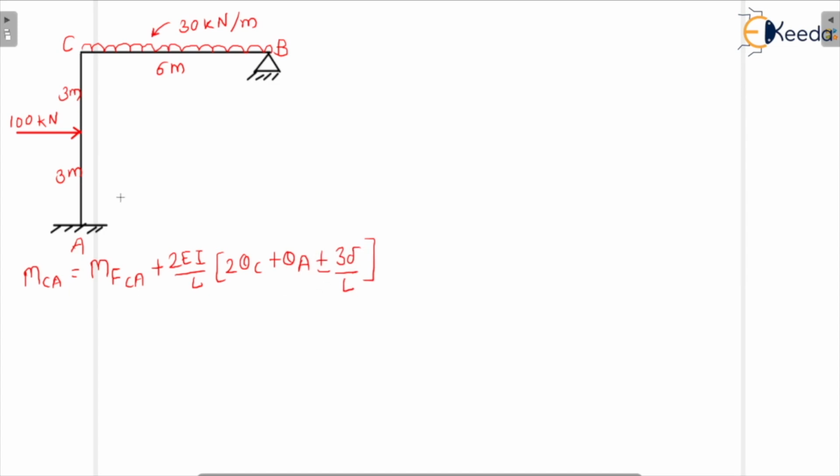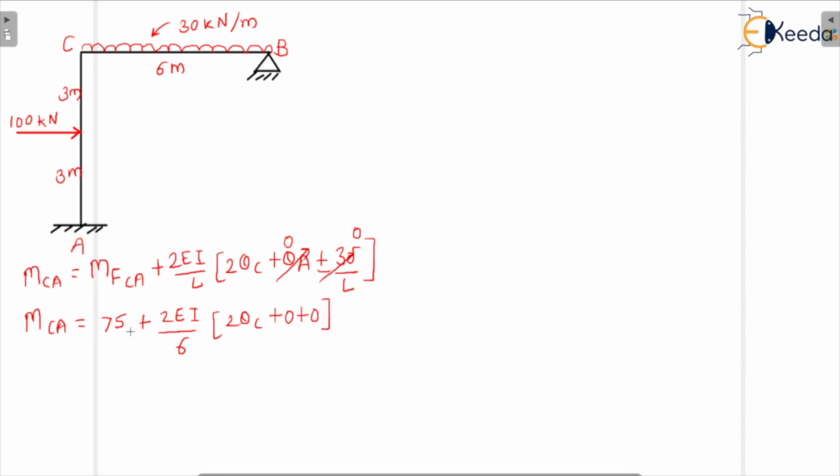Now here we know that there is no settlement in the member AC or CA, and it is a fixed end, so theta A is 0 and delta is also 0. So our equation, after simplification and addition of all values, we get 75 plus 2EI by 6, 2 theta C plus 0. These all terms are 0.